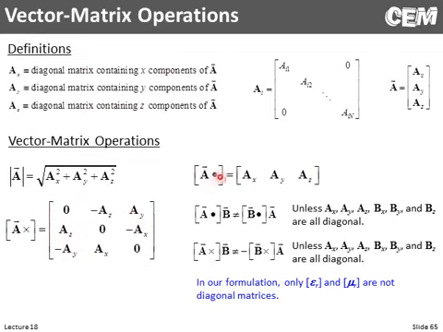If we want to calculate a dot product, here's how we do that. We have an A sub x, an A sub y, and an A sub z as a row vector. Now remember these are square matrices, so overall this is a rectangular matrix, but much longer horizontally than vertically.